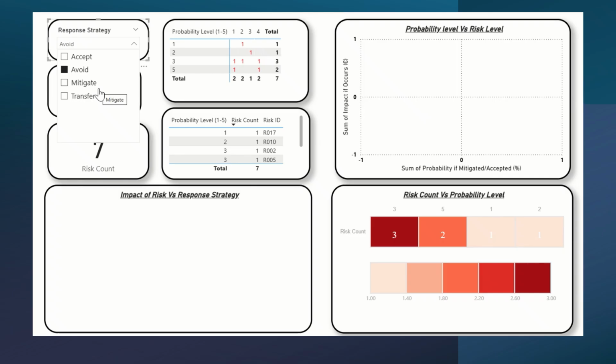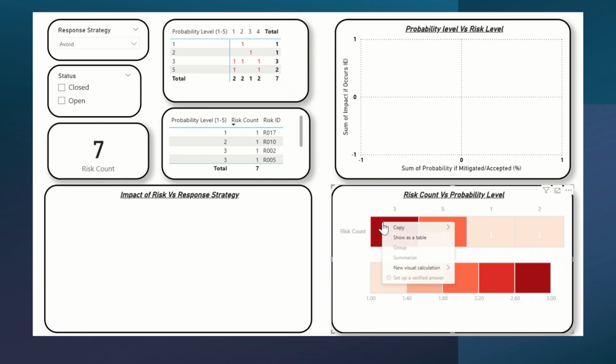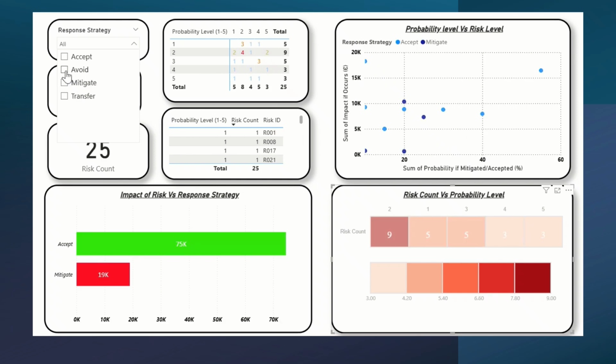We have 7, we have 3 in red, we have 2 in light orange, which are value 1 and category 1 as well. And then we have 3 of them, with a risk count of 3, that could be affected here.